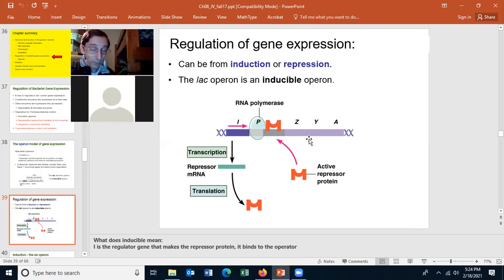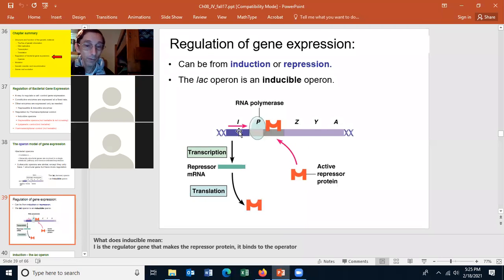And in fact, when we're talking about eukaryote operons, the regulatory gene usually is on another chromosome. And then it makes a product which regulates the operon it controls. All right, any question about regulation by the regulatory gene? No. I'm not hearing anything, so I'm going to move on.